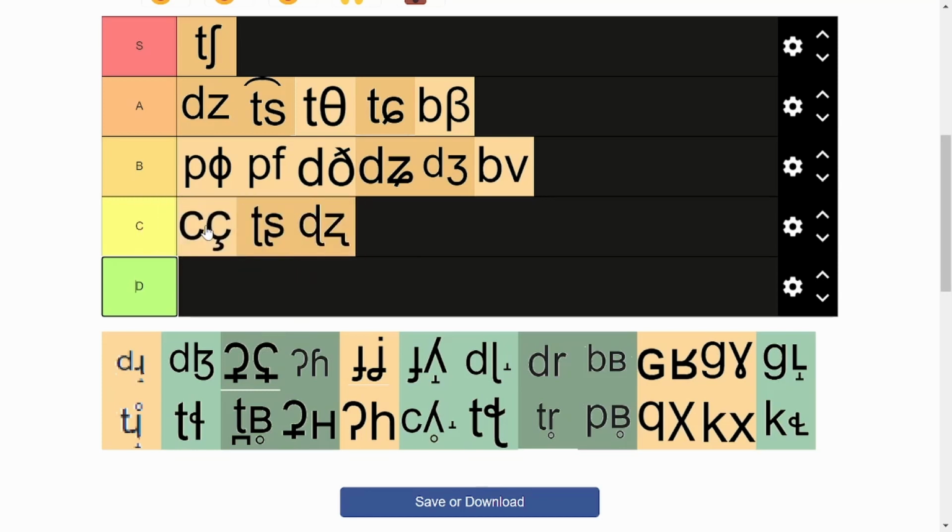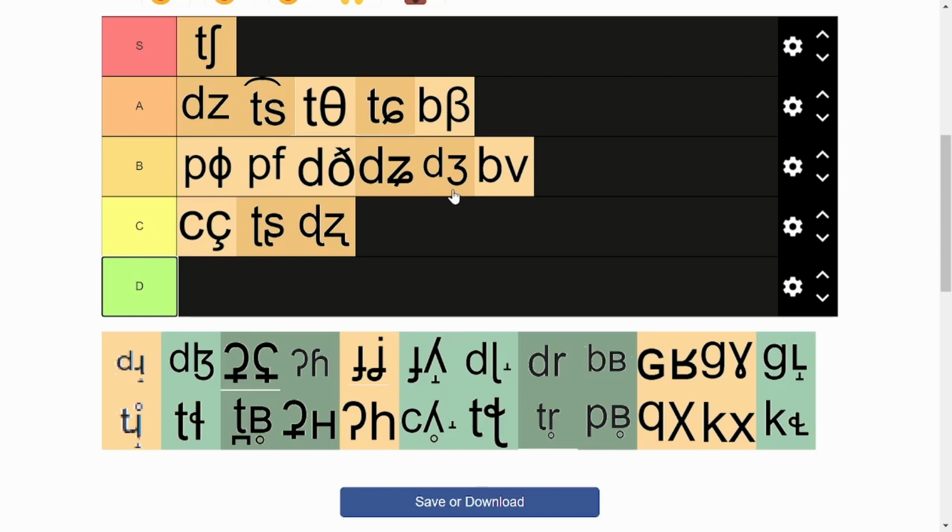It could be allophonic, but maybe phonemic if you're going for a very certain sound. Other than that, I don't find it that good. Putting it in high C. It's a very good allophone.